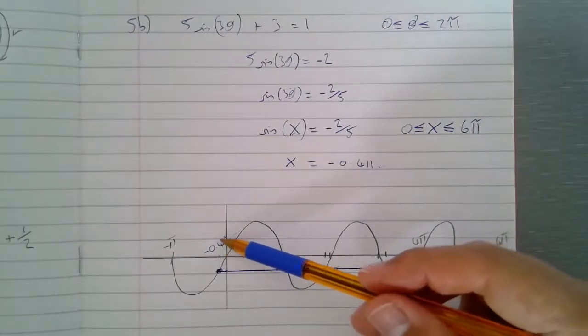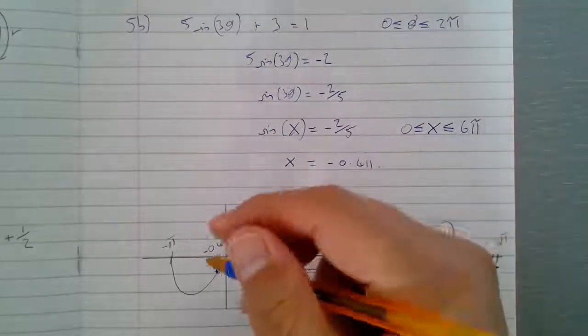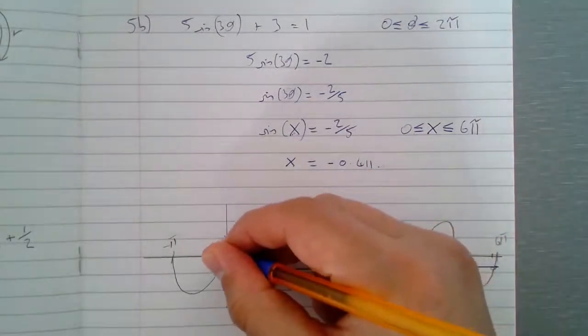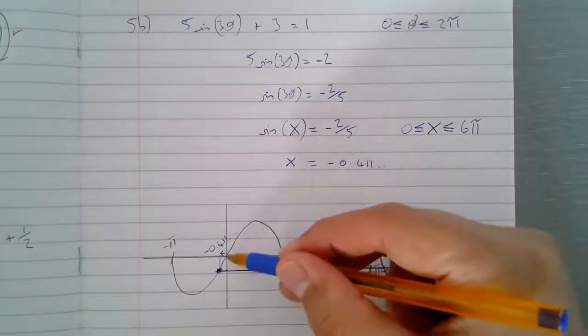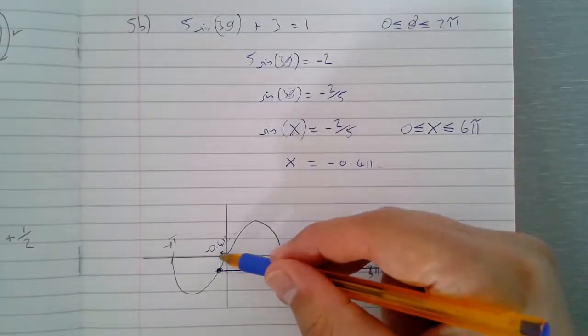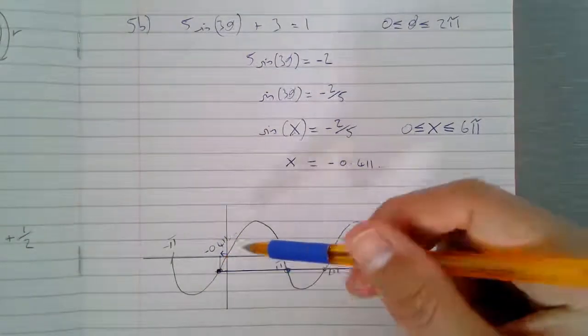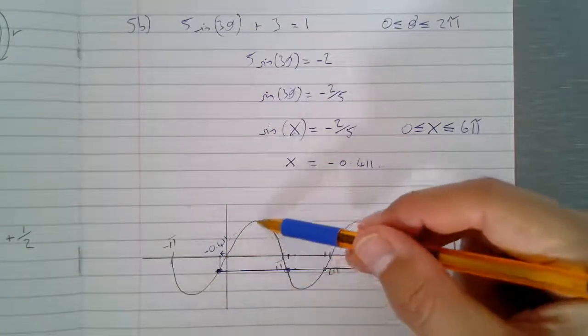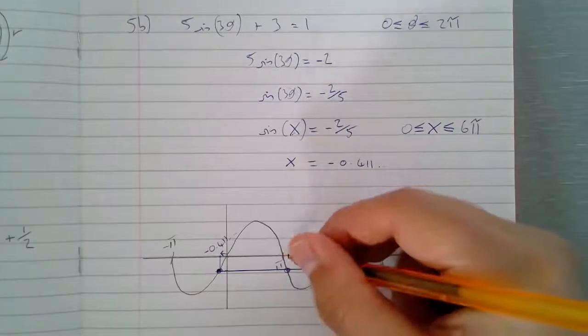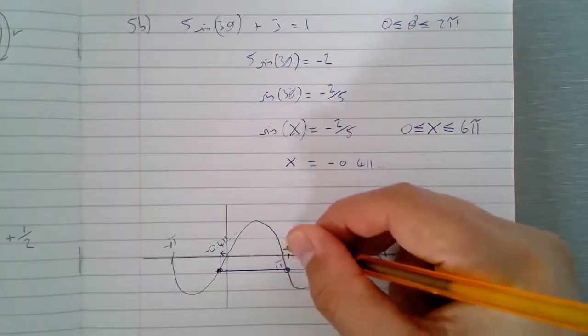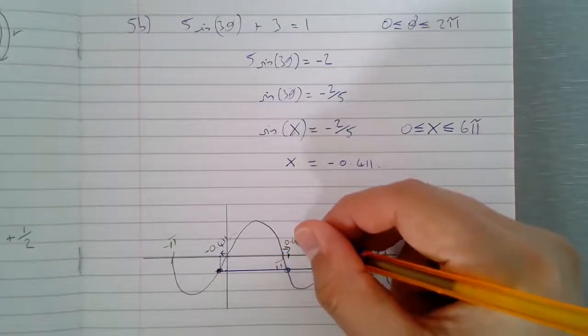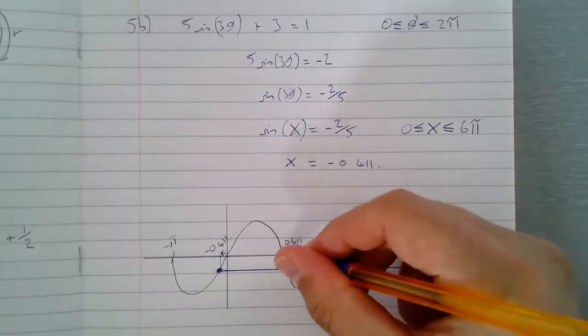So at the moment, this is minus 0.411 in from here. I was at 0 and I've gone back minus 0.411 radians. Via symmetry, this one must be 0.411 in from there.